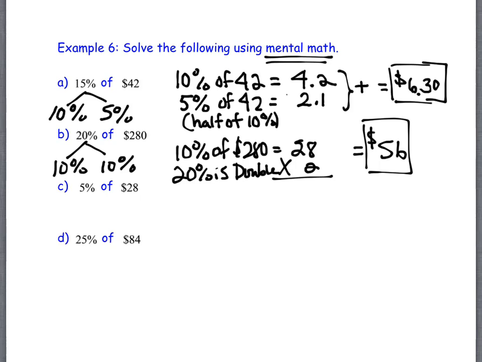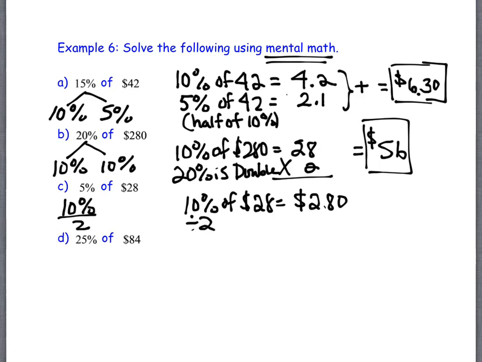Okay, C is a variation of A. It says 5%. So what do we do to get 5%, or at least one way to do it? Yeah, we find 10% and we divide it by 2, right? That's a convenient way to do that. So we're going to take 10% and divide by 2. So what is 10% of 28? 280, right?